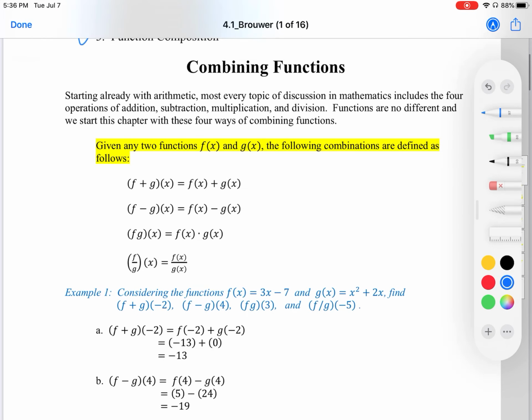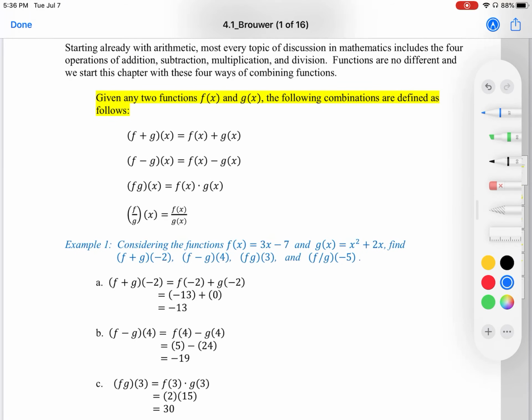Combining functions. Starting already with arithmetic, most every topic of discussion in mathematics includes the four operations of addition, subtraction, multiplication, and division. Functions are no different, and we start this chapter with these 4 ways of combining functions.